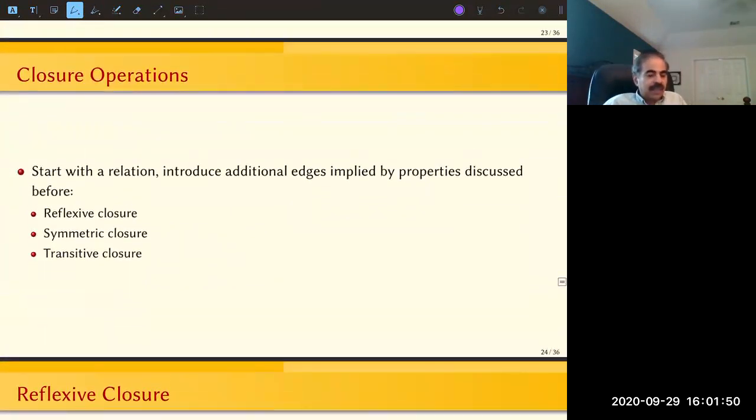Sometimes you start with a relation that does not have these properties, and then we can make the relation have that property by adding what is missing, right? So that's called a closure.